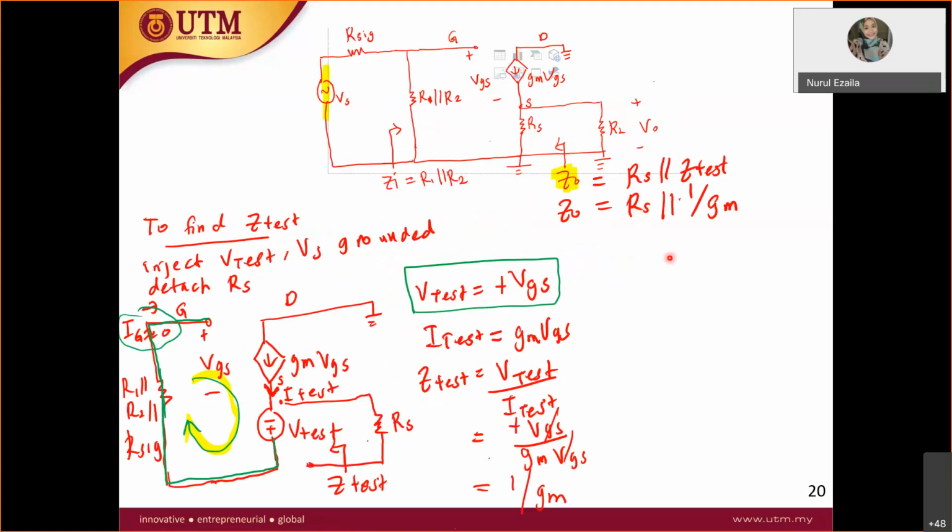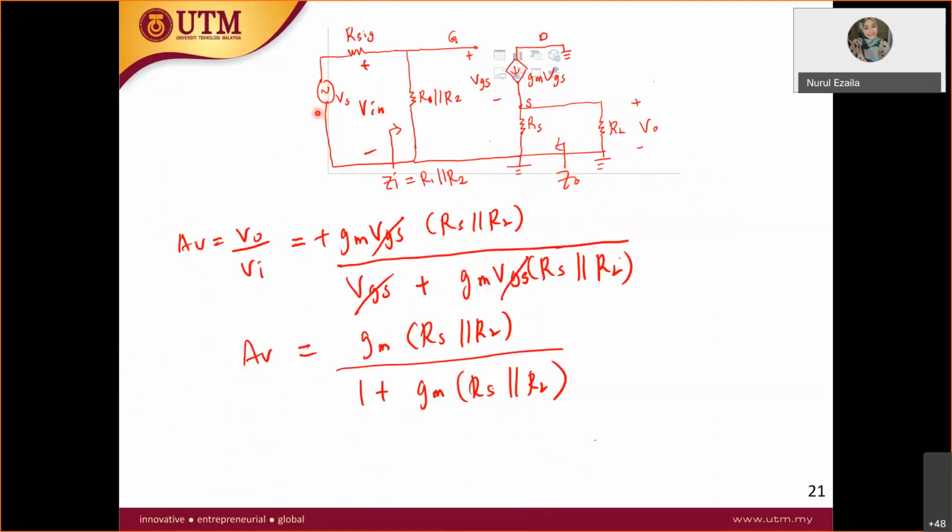When you inject V test, you don't consider this source voltage, VS, because you inject an imaginary voltage over here and this source is ground. But when you find V out, we have to put back this VS. We don't have an imaginary voltage. Therefore, the voltage across V out is RL parallel with RS, not Z out.